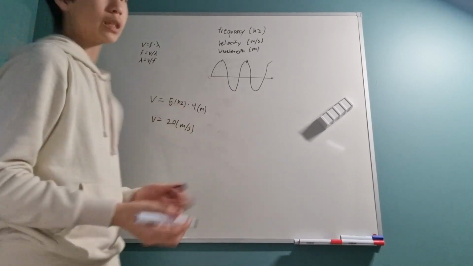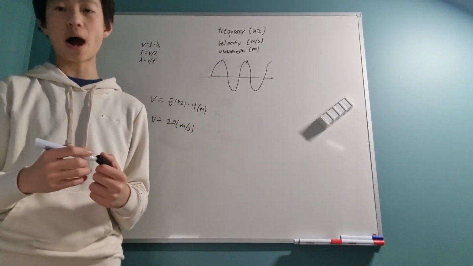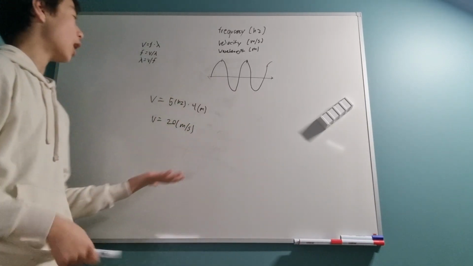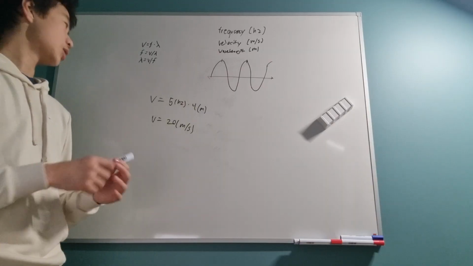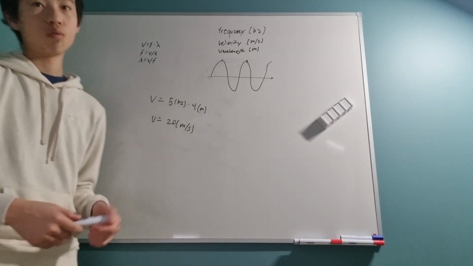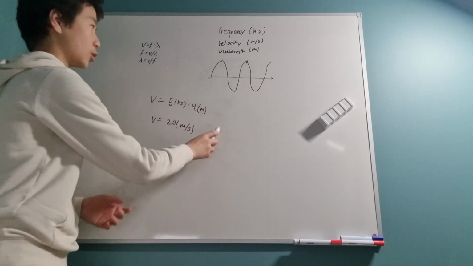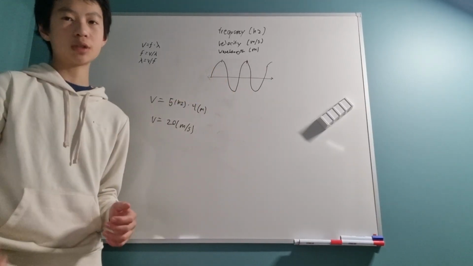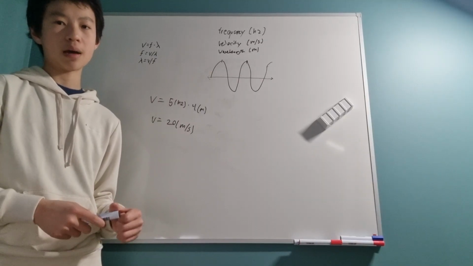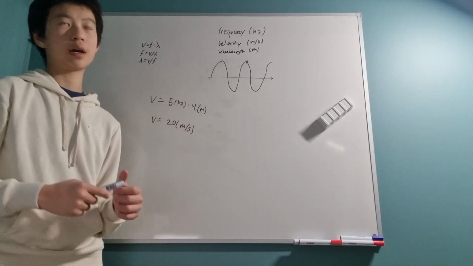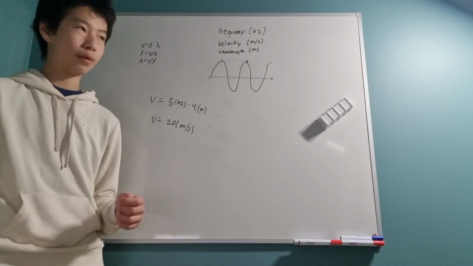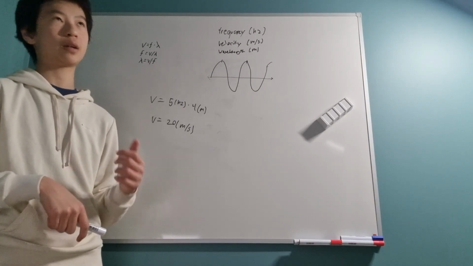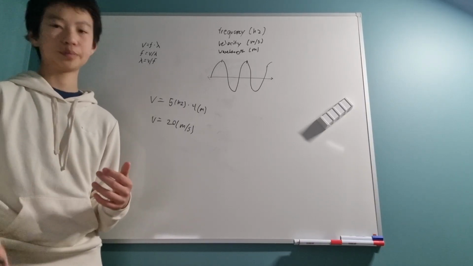Okay, so now looking at this, you might be thinking, why does this formula work? It's simply because, as you imagine, what is the wavelength? It's the distance from one crest to the next crest, and the frequency is how many times the wave cycles in 1 second.